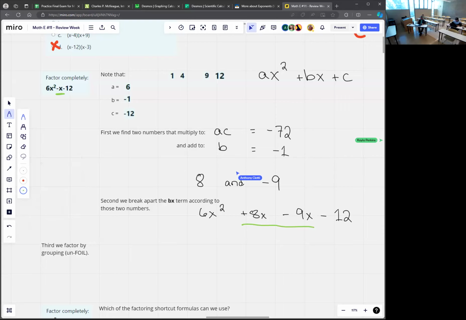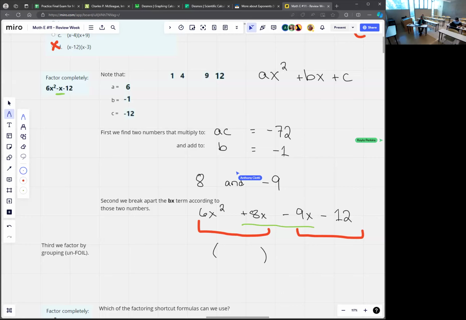Okay, tell me what to write. Now I am doing my factor by grouping. I am sort of unfoiling. I start with these two, and then I do these two. How do I take the first two things and pull out what's in common? So you do some stuff in parentheses.